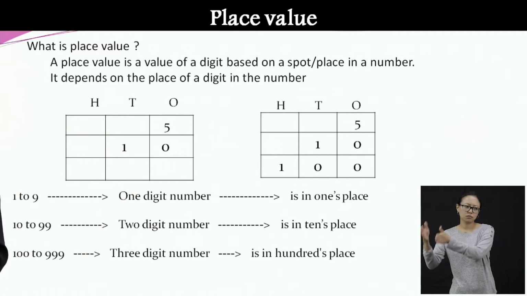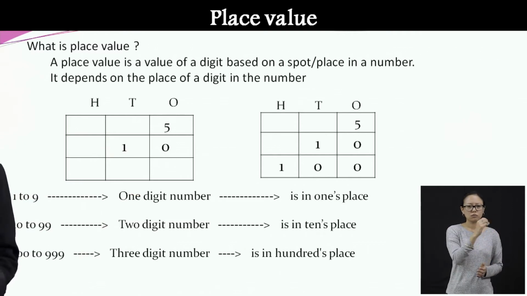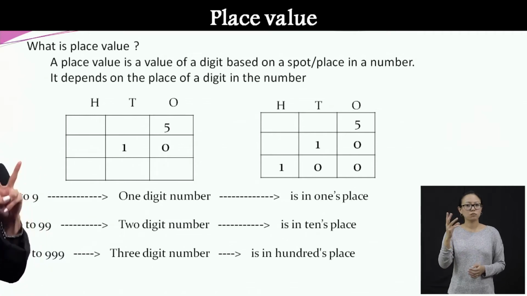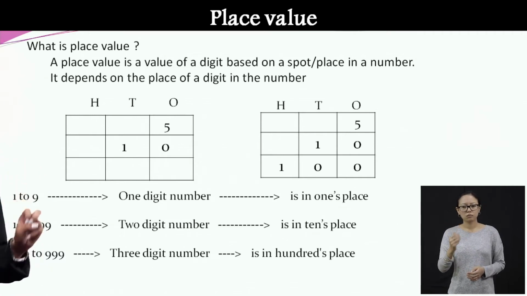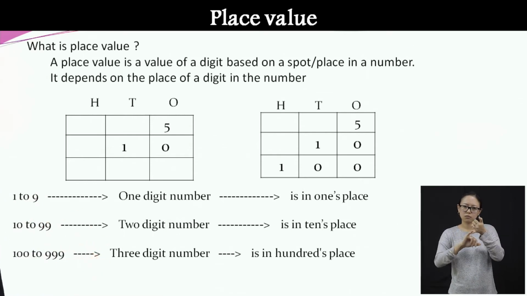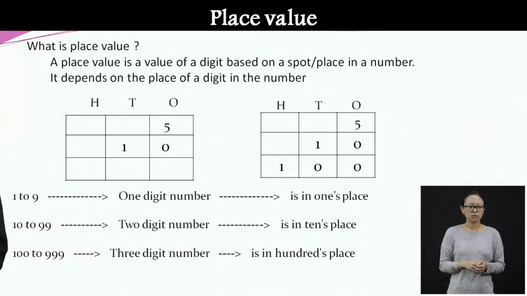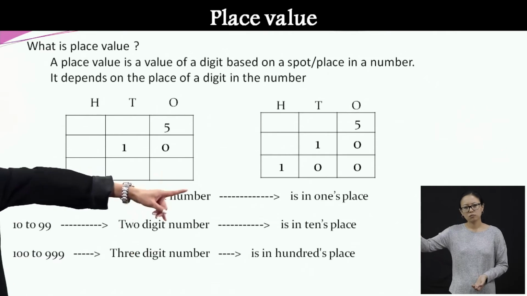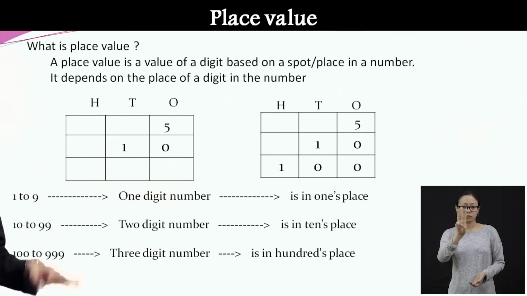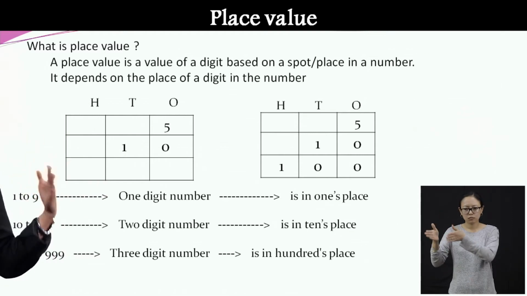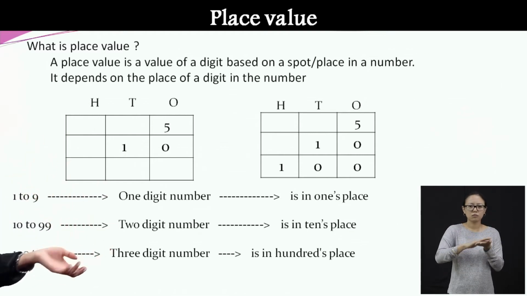So 10 is the smallest 2-digit number. 10 to 99 are 2-digit numbers, and all the 2-digit numbers are placed in the tens place. Now 99 plus 1 becomes 100. Count the digits in 100: 1, 2, 3, 3 digits, right? So all these 3-digit numbers are placed in the hundreds place.